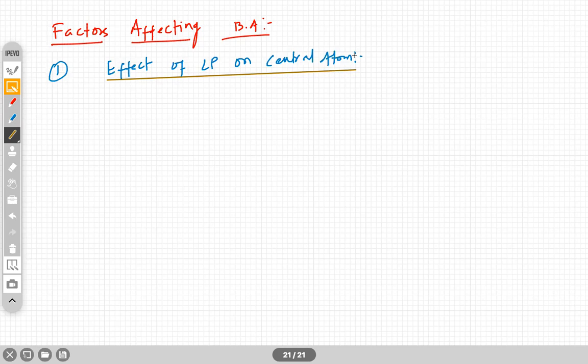Okay, write down: as the number of electrons on lone pair on central atom increases, bond angle decreases.